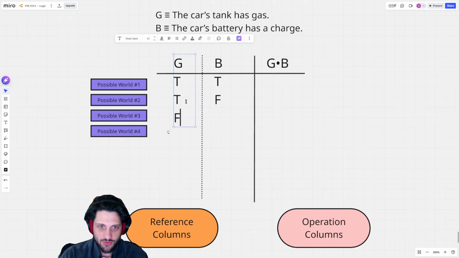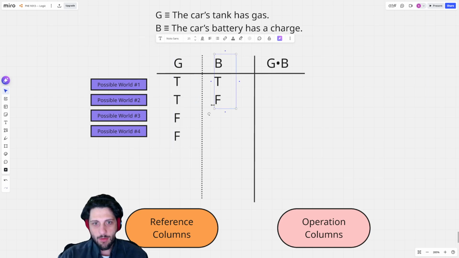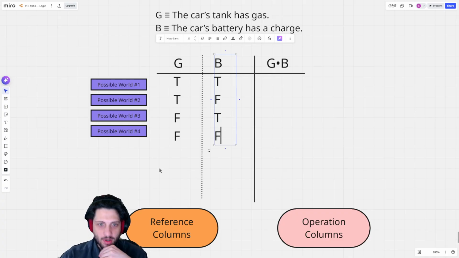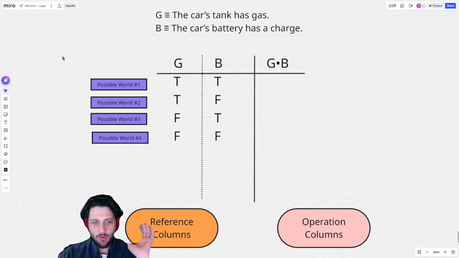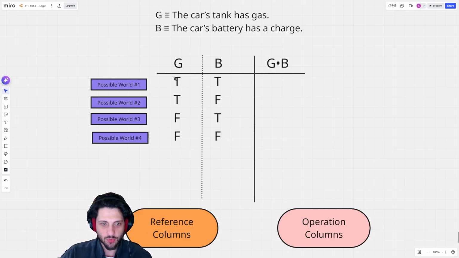So we can think about those situations. What about the situation where the car doesn't have gas, but it does have a charged battery? Or the situation where it doesn't have either? So the thing to notice here is that we have all 4 combinations in these 4 possible worlds.